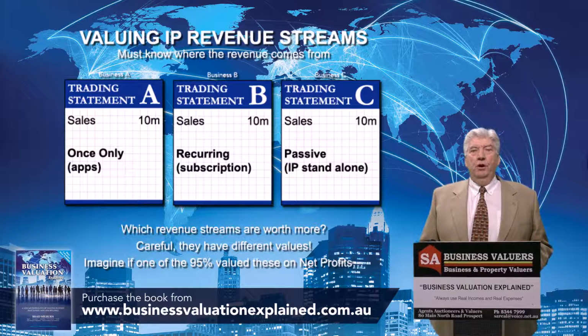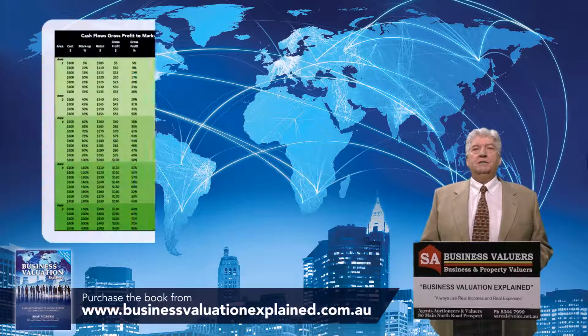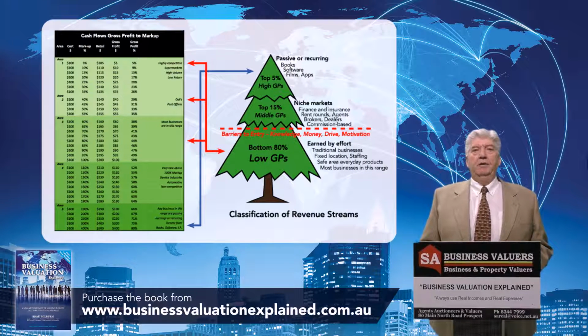If you do not know where the revenue streams come from or who they are attached to, you will never understand where key personnel fit into the diagram, or whether you're dealing with closed markets or open markets. Secondly, you must know the margins they create. If you look at the diagram on your screen now, 80% of businesses are at the lower end of the tree.